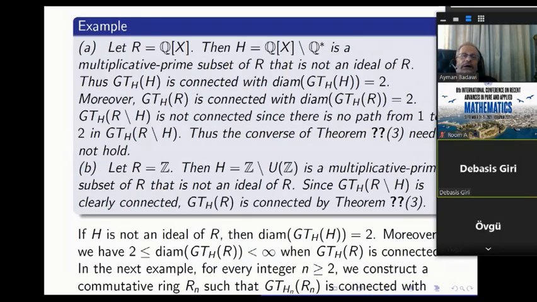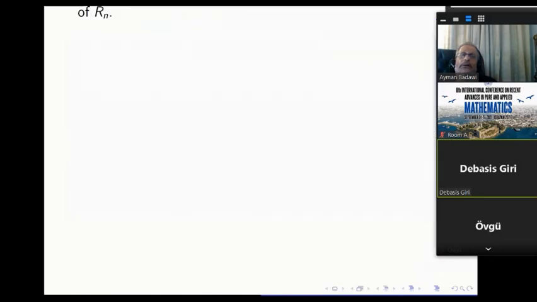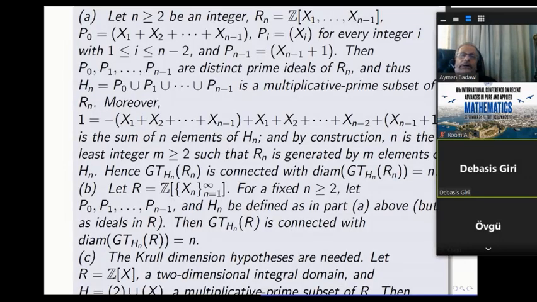Let me end with an example. Of course, this is technical. You have to check a few things. My ring, as I told you, give me any integer n, I should be able to give you a ring where the generalized total graph will have diameter equal to n.